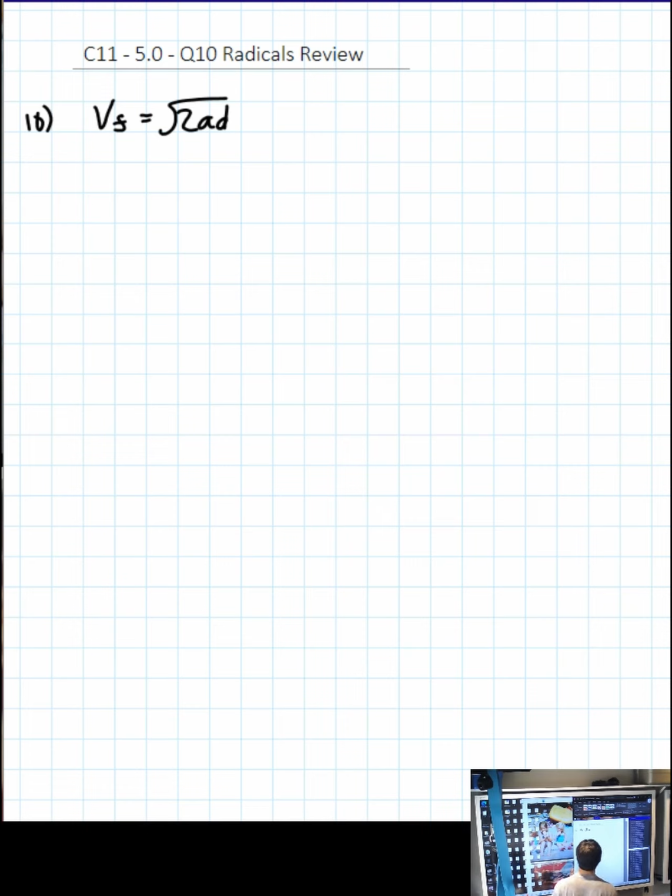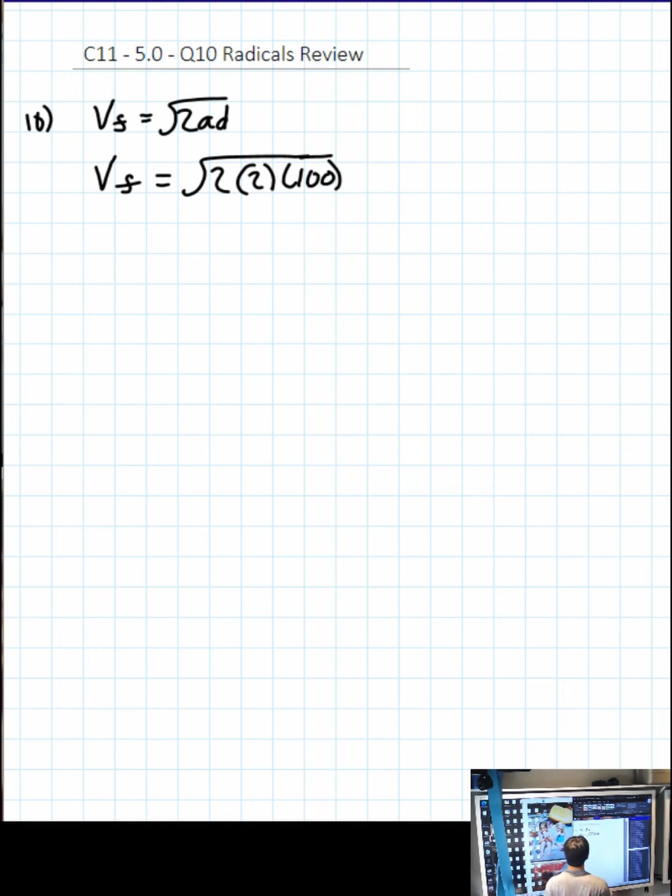So it says, find the final velocity, v sub f, in meters per second if a car travels from rest 100 meters accelerating at 2 meters per second squared. So v sub f equals square root of 2 times 2 times 100.